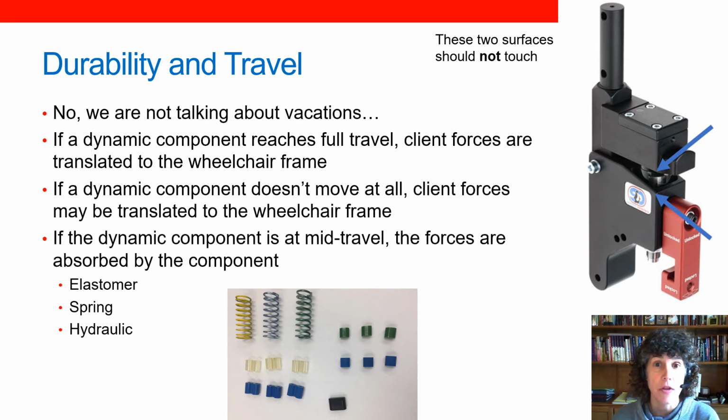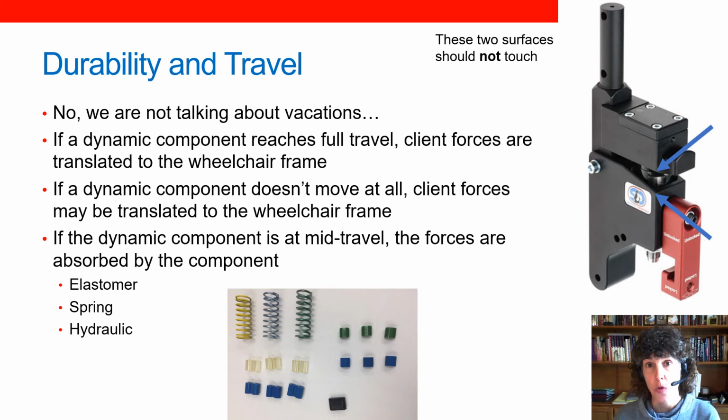Well, if the component goes through its full travel ability to maximum end range, the forces that would typically be absorbed by the dynamic component are now translated to the frame, and that can actually result in breakage. If the resistance of the dynamic component is so strong, if it's too high for an individual, the dynamic component will not move at all.